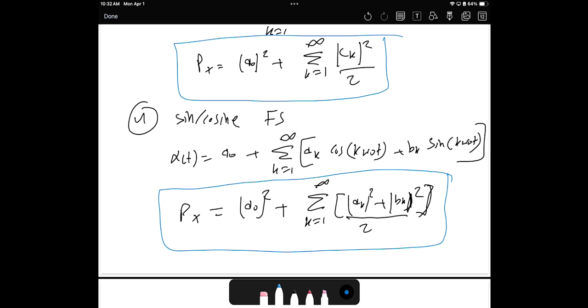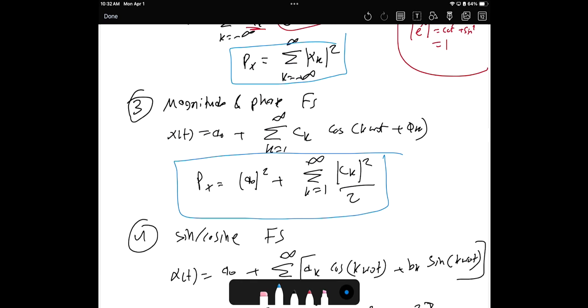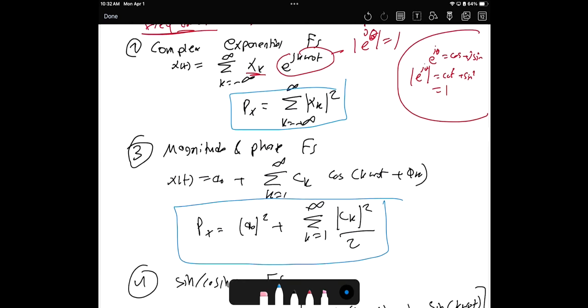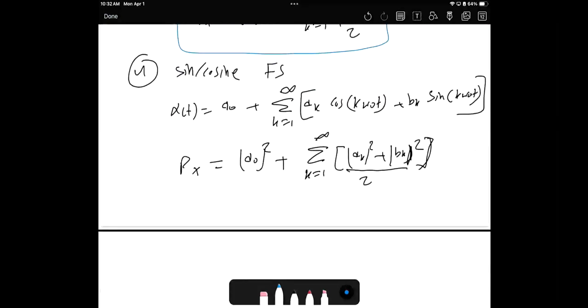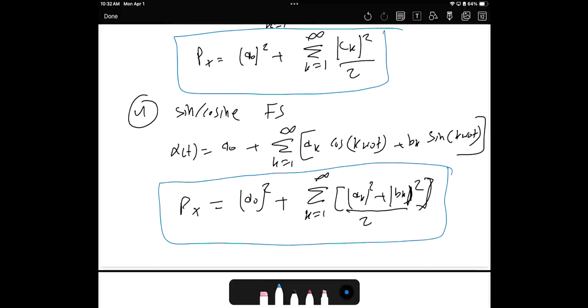If you have phase and magnitude, it will be a naught squared plus the sum of c squared divided by 2. And if you have the exponential, it will be the sum of the magnitude of xk squared. So we have 4 different ways of solving for the power of that signal. Okay, this is the power of the signal.